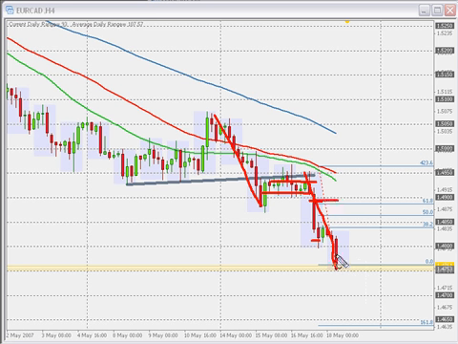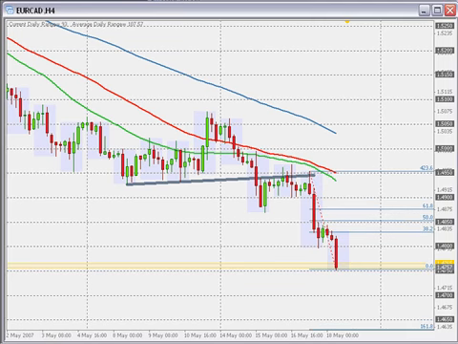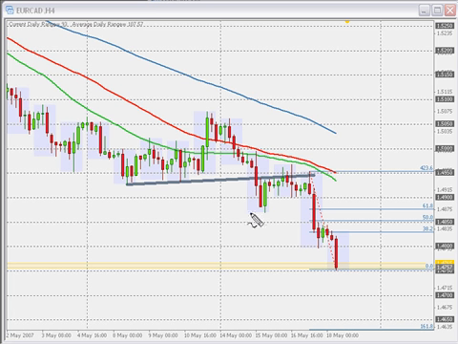I wrote it from here down to here. We will probably now get a healthy retrace back. So I'm not going to short the EURCAD either.